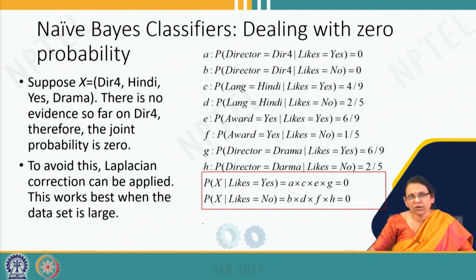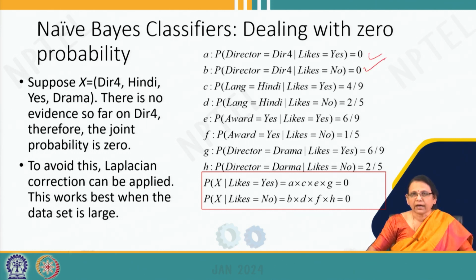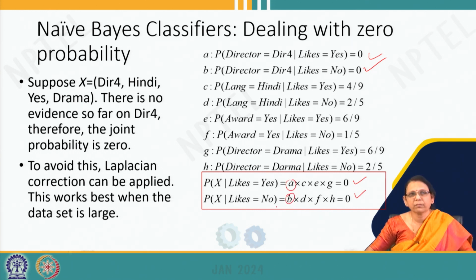So because that is not there in the database, both these values are going to be 0. And because of our class conditional independence, while finding out this joint probability value, we are getting 0. Why? Because this is 0, this is 0.